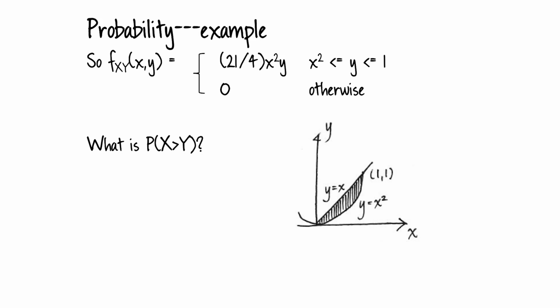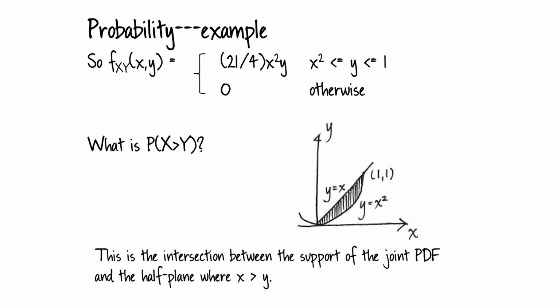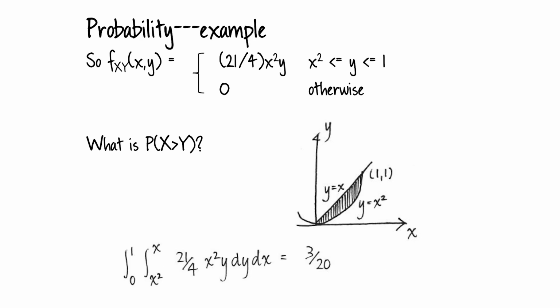Okay, so once I've identified what region we need to integrate over, then all we have to do is remember our multivariable calculus and figure out how to set the limits of integration, do the integral, and we're all done. Okay?